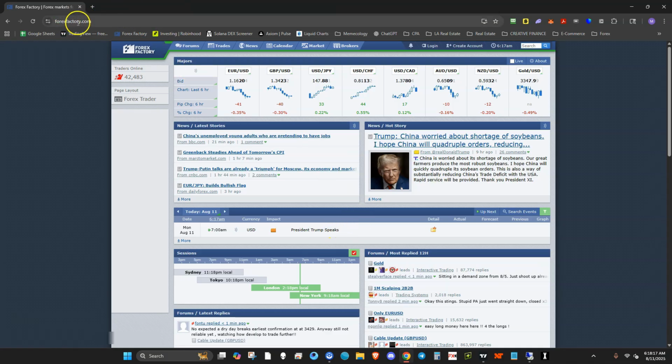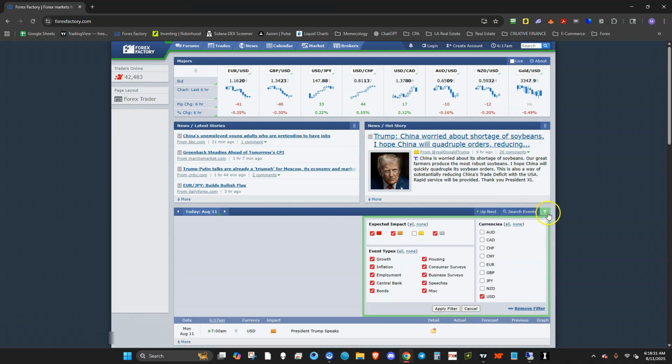So forexfactory.com is what you want to check. I only check yellow and red folders, so I have a filter on this. In the filters right here, I select USD, because I only trade the NASDAQ, so I only care about USD, and only red folders and yellow folders, not non-economic.